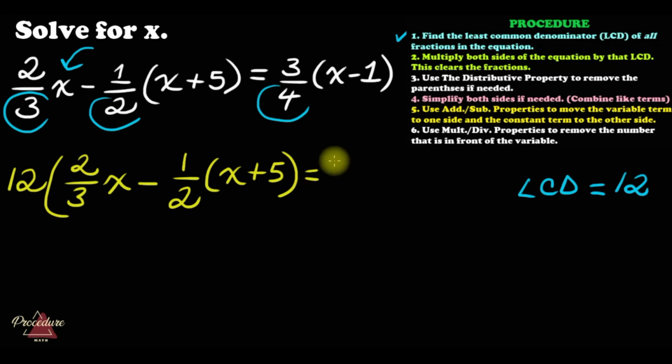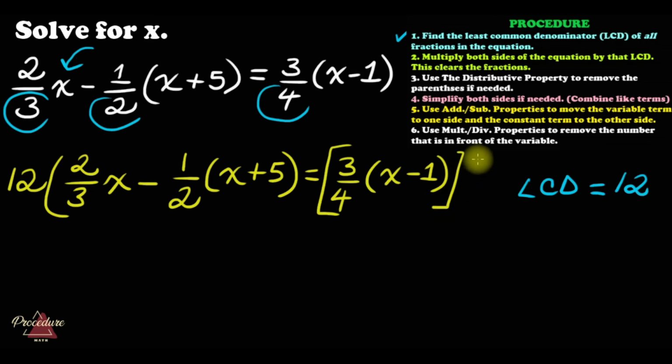And then the other side, we have 3 over 4 times x minus 1. And then we're going to take that whole thing and we're going to times it by 12. Okay, so that's step 2.